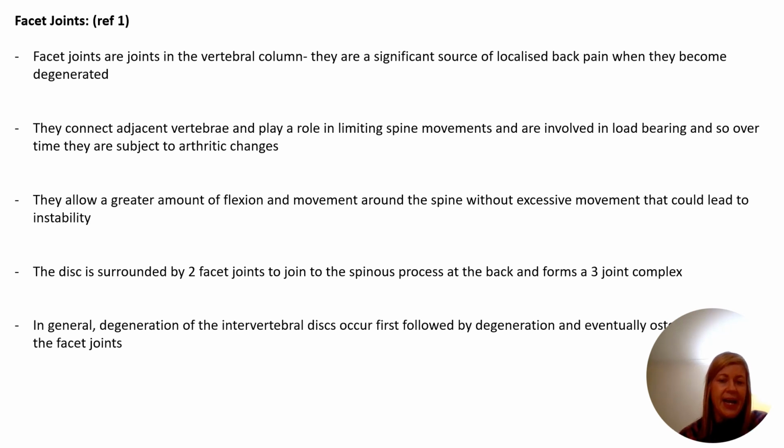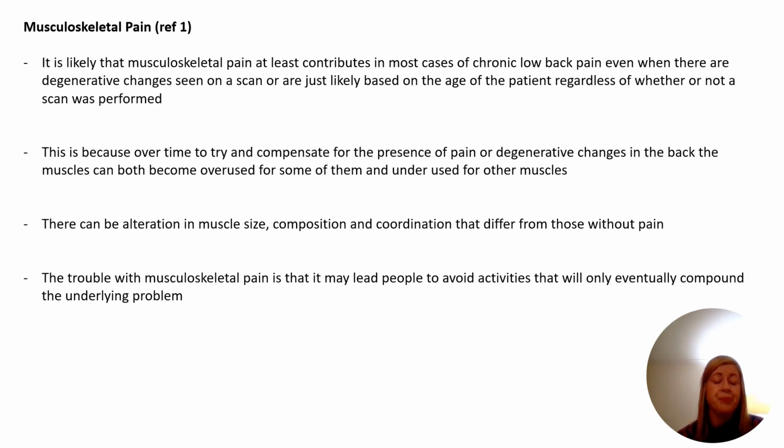They're there to allow a greater amount of flexion and movement around the spine without leading to excessive movement, and contribute to overall stability of the spine. In general, what happens first is that the discs are the first to degenerate, and then they can end up putting extra pressure on the facet joints, leading to facet joint changes later on.